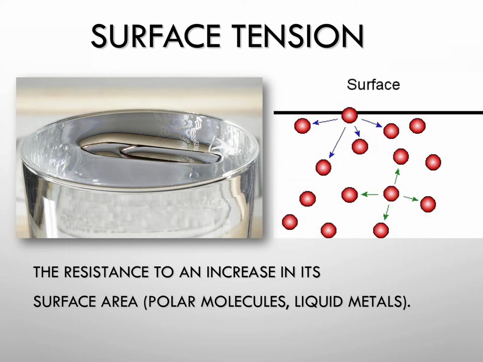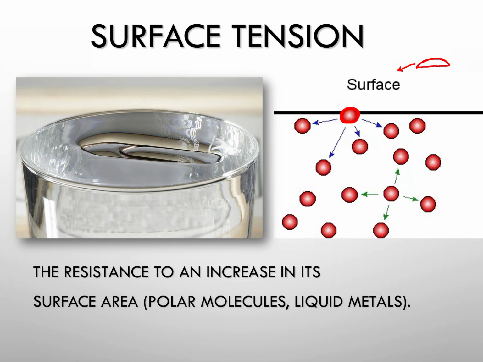So what that means is that instead of overflowing, your water glass might bubble over the top, or this penny will get a lot of water on the top rather than having the water spill over. The reason for that is that these water molecules or other polar molecules are being attracted to other molecules that are under the surface.